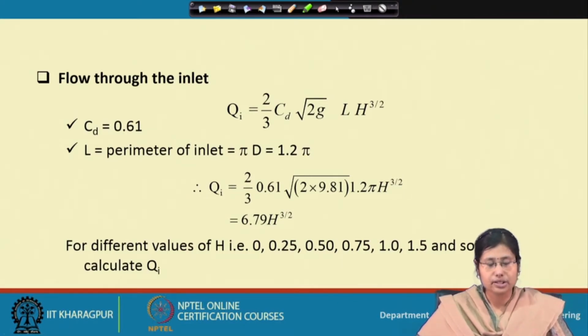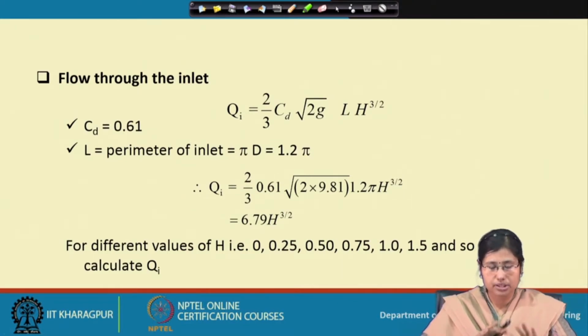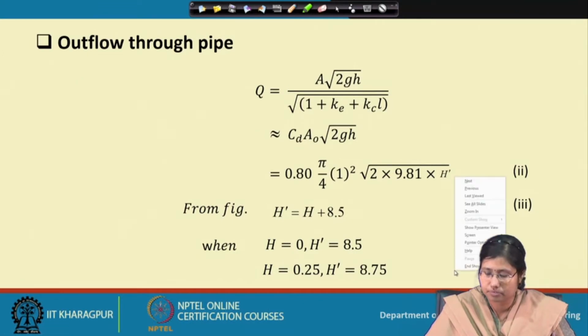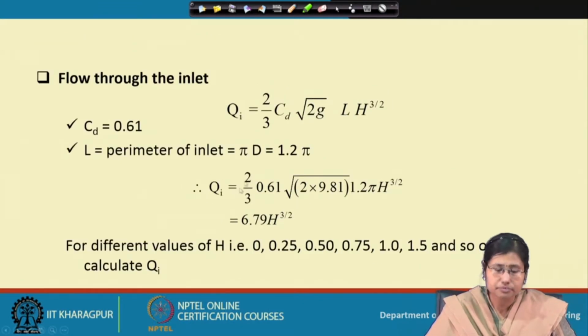The length is calculated as the perimeter of the tube of the inlet. So, the perimeter of the circular cross section is nothing but a function of the diameter of the pipe multiplied by pi. So, using that you can get QI as a function of h.